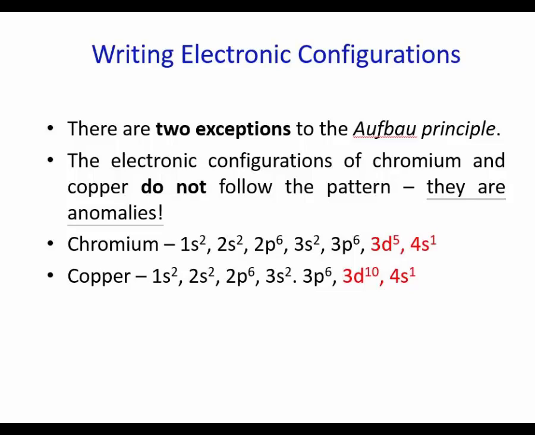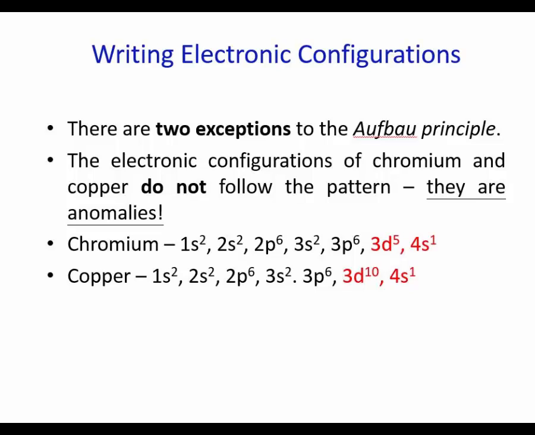There are 2 exceptions to this, and that's chromium and copper, and these are very important because they get tested all the time. Chromium is more stable if all of the sub-orbitals, and same with copper, are either half filled. So rather than having 3d4 with 4s2, it's better having all of them half filled.